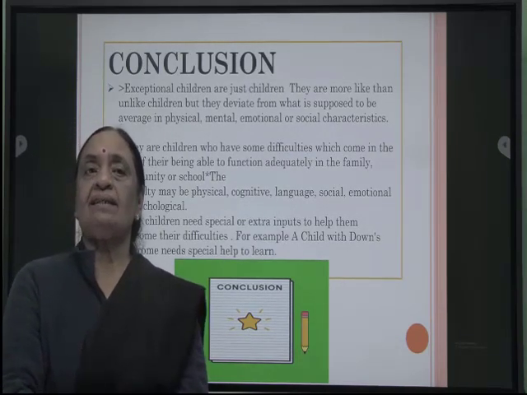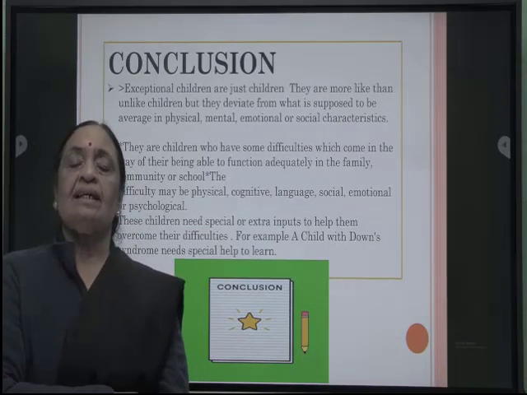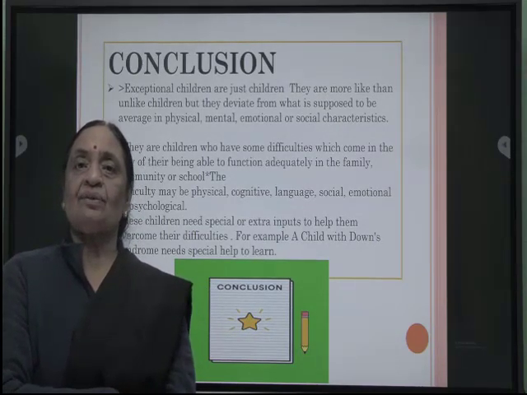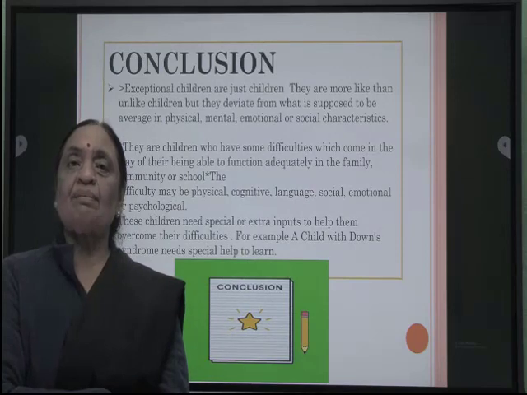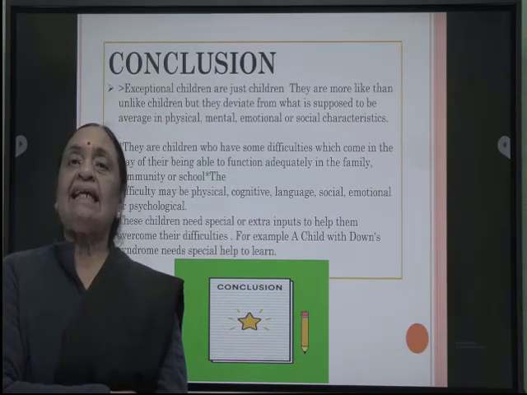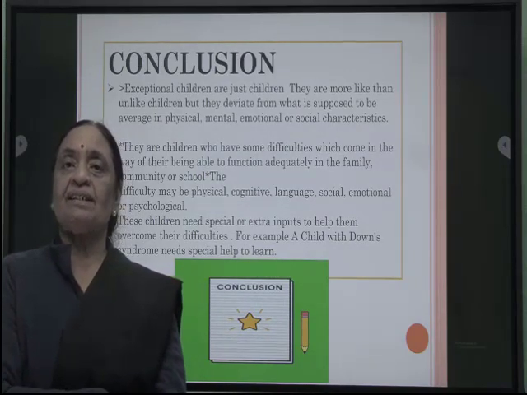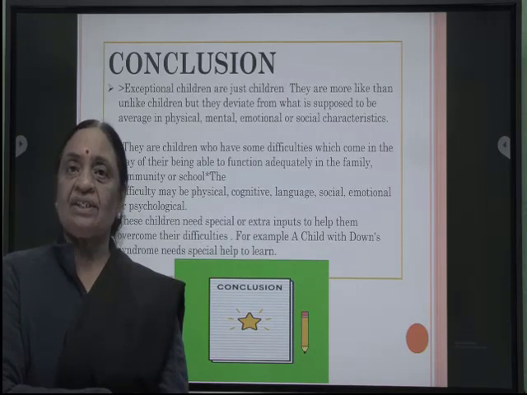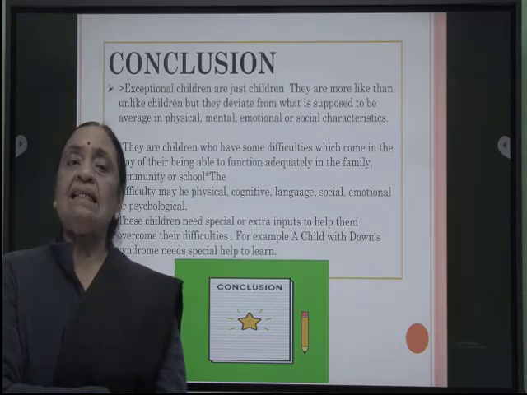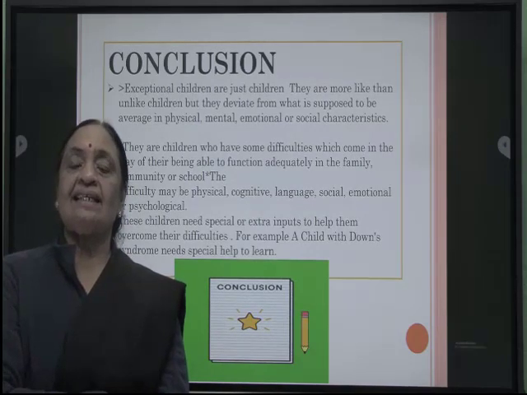They can be provided with special inputs outside the classroom with some special lessons from a special educator, but they are happy to sit in the normal classroom with normal children, interact with other children, develop their peer relationships with other children, because ultimately the child has to come and live in a society where there are normal human beings.